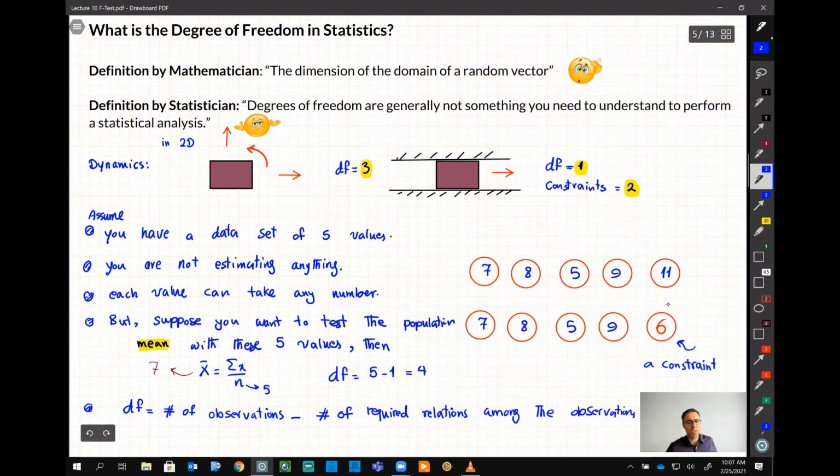Like here, when we do the t-test, the required relation among the observations is that we want the x bar to have a certain value. That's why we have one constraint.